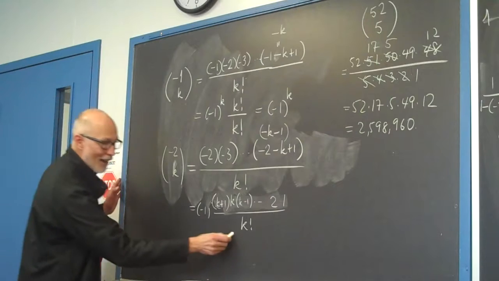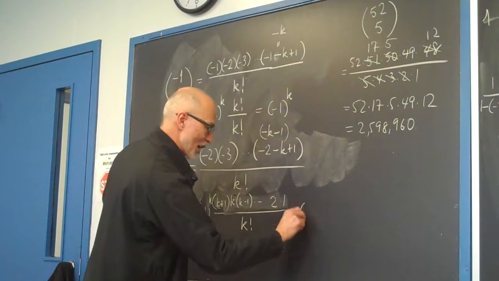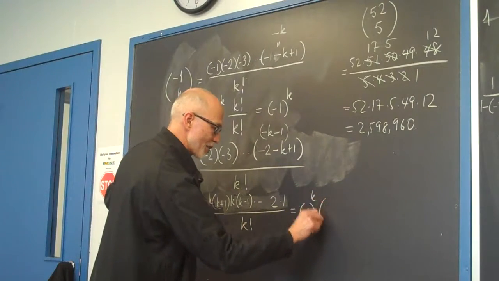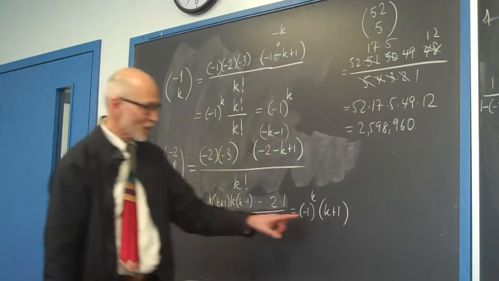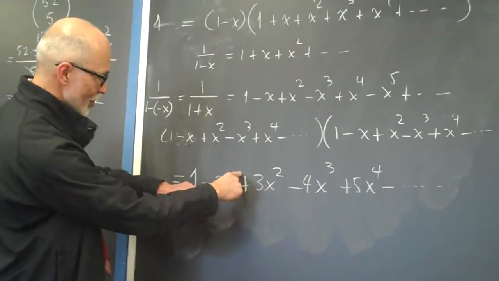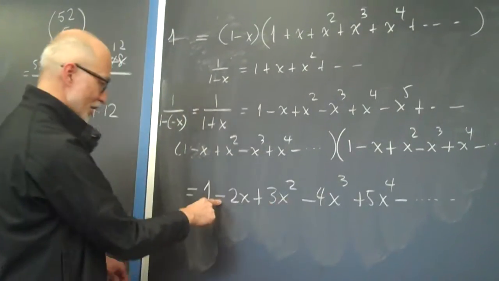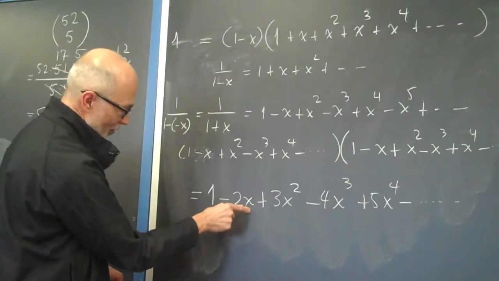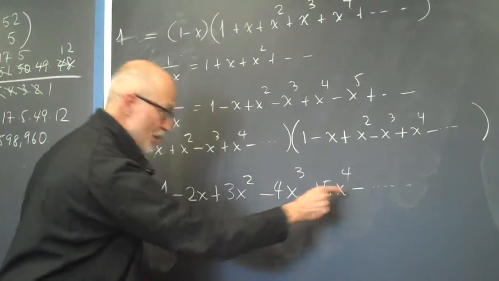Okay, so now I have k factorial. So this is going to be equal to minus 1 to the k times k plus 1. And sure enough, that's exactly what I get here, right? This is 1, so this is 2, this is 3, this is 4, and 1 gives me odd, 2 gives me even, 3 gives me odd, 4 gives me even.